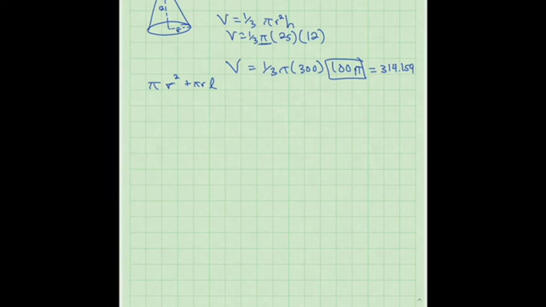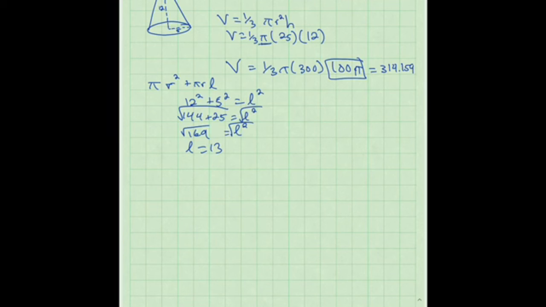So 12 squared plus 5 squared equals L squared. 144 plus 25 equals L squared. 169 equals L squared, let's square root both sides, and L equals 13. Kind of lost my mind there for a sec.